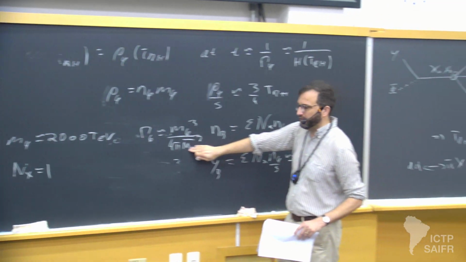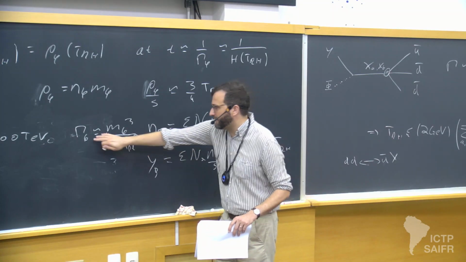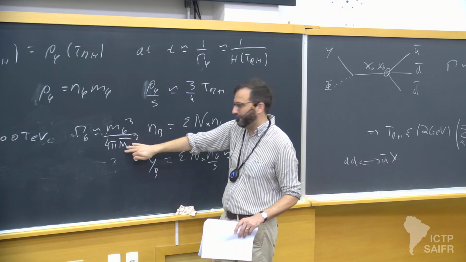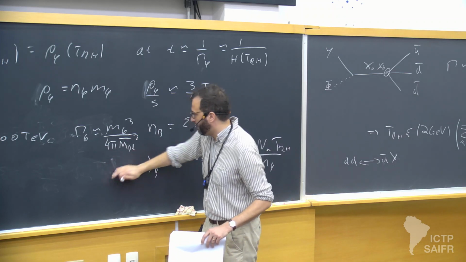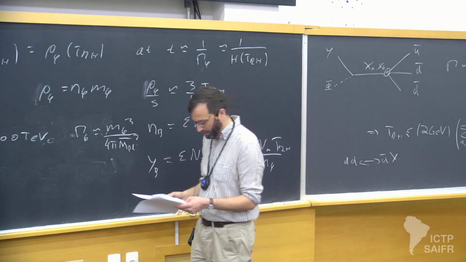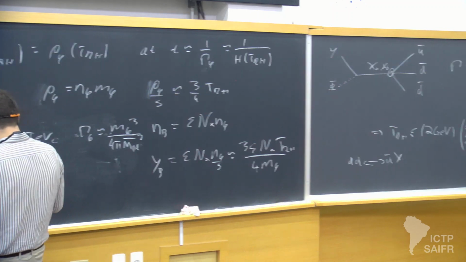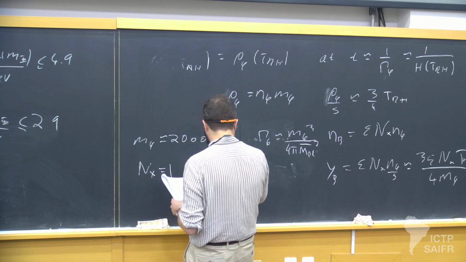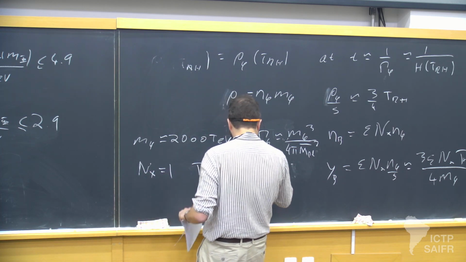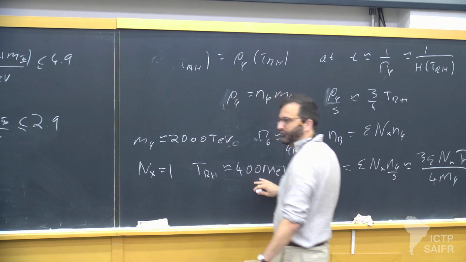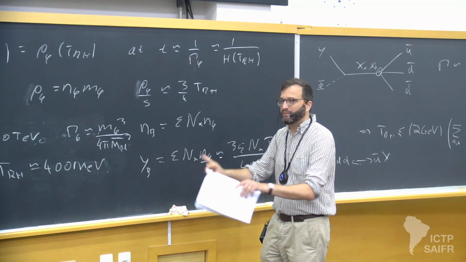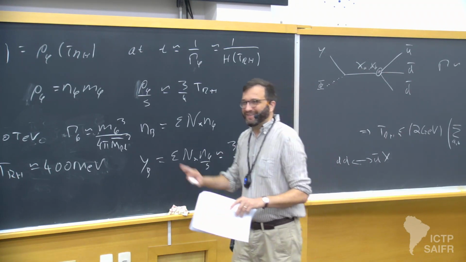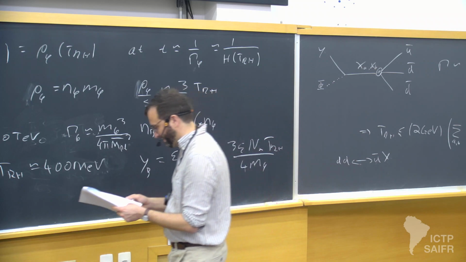This is a choice. You can vary this. It just has to be long-lived. You can vary what suppression you put here, okay? And in the end, it comes out that T reheat is low, but still a little bit above BBN, so hopefully you're safe. You can go a bit higher, if it's uncomfortable.